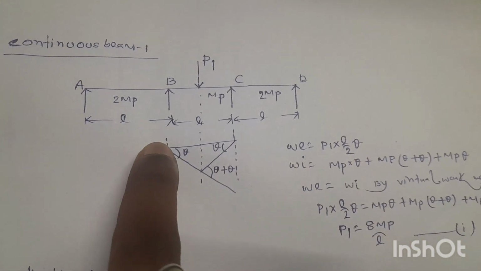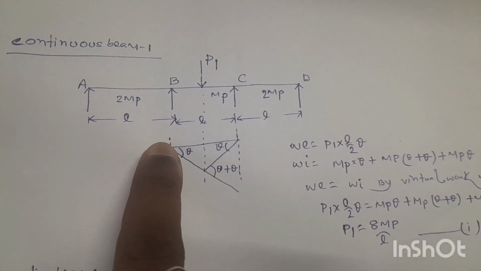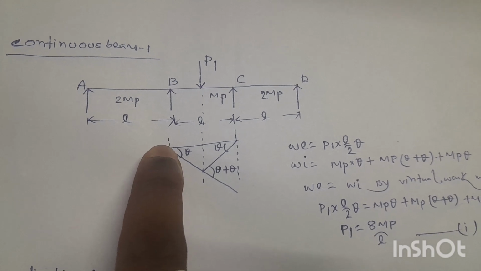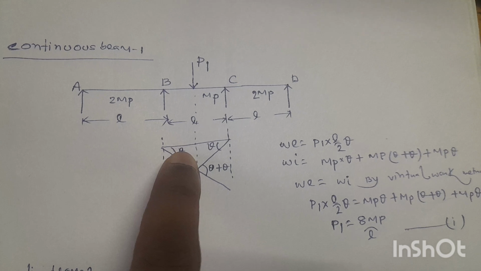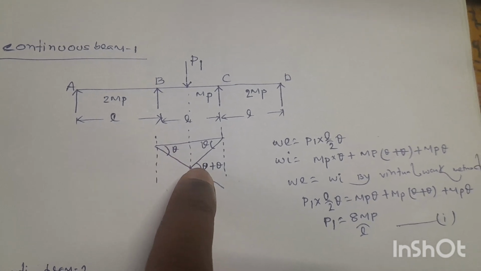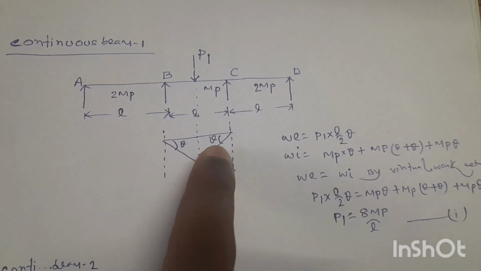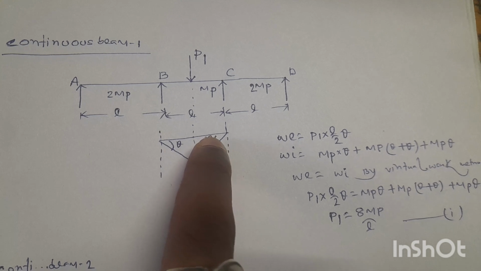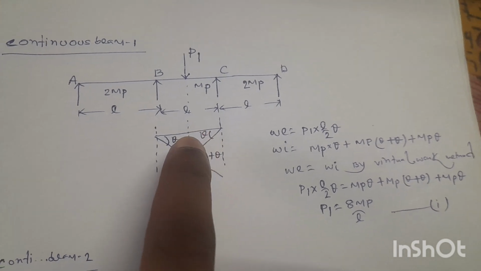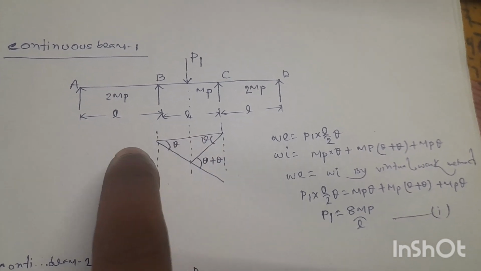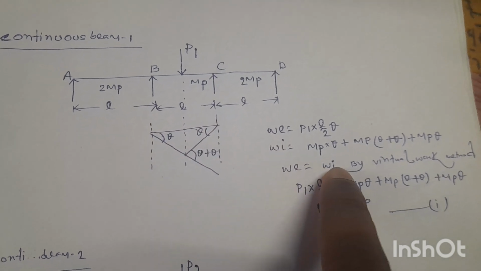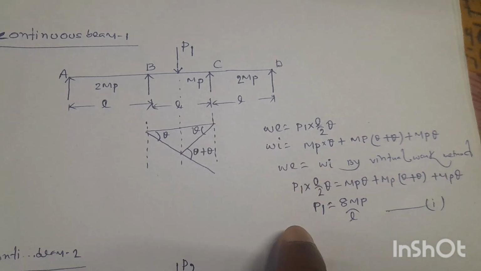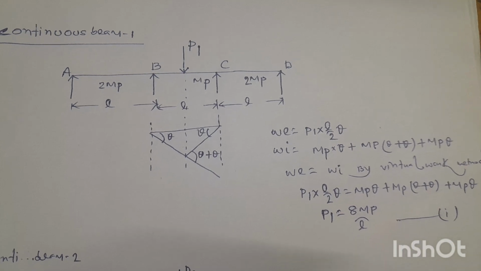Here the section plastic moment capacity is MP, so MP into rotation theta, plus MP into theta plus theta, plus MP into this angle theta. By the virtual work method we know external work done equals internal work done. So WE equals WI. We will get P1 equal to 8 MP by L.